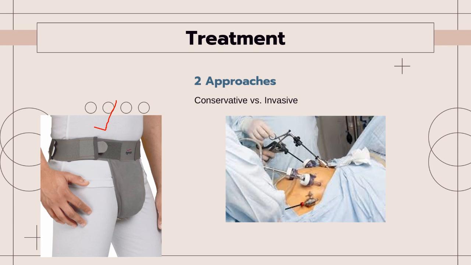However, if the patient has testicular atrophy, severe pain, or infertility, we will go to the invasive approach, which is the laparoscopic varicocelectomy, in which the pampiniform plexus will be ligated, or percutaneous embolization.